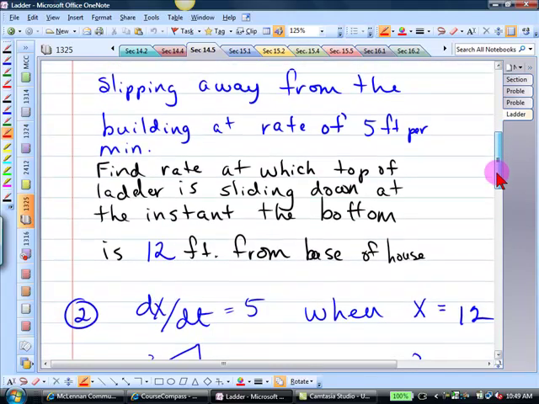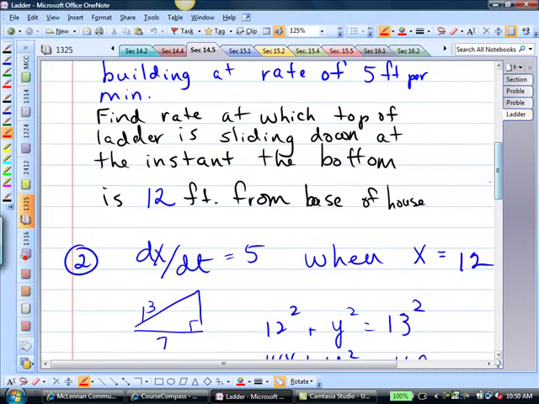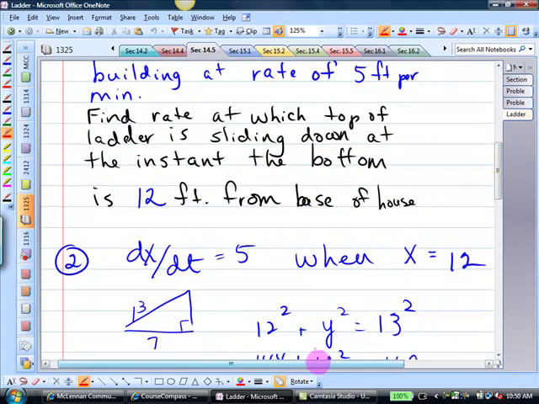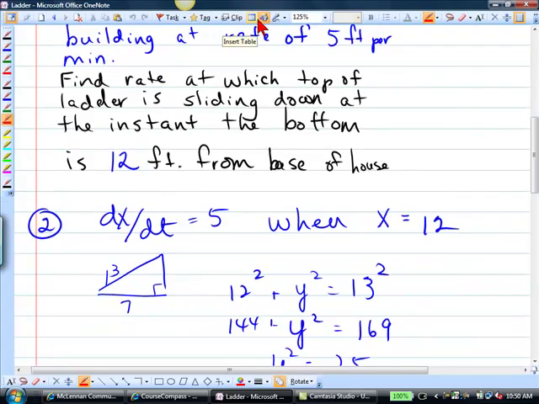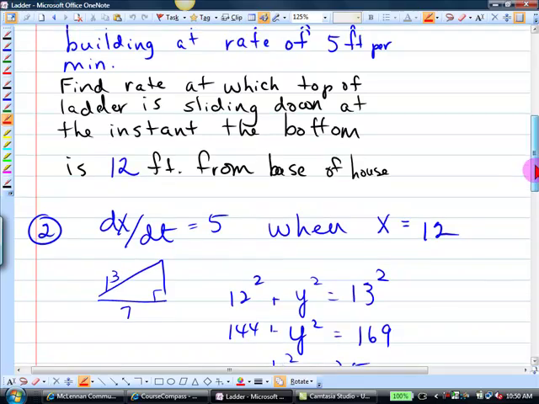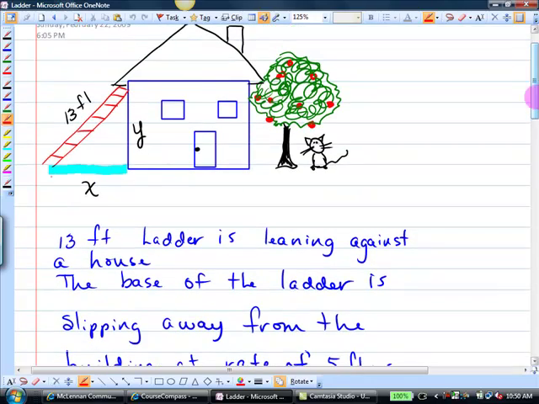All right. So, number 2 on our steps. Why did I call that dx/dt? Let's look at the picture. If you drew the picture, this is the part. You don't have to draw the house, but this is x.